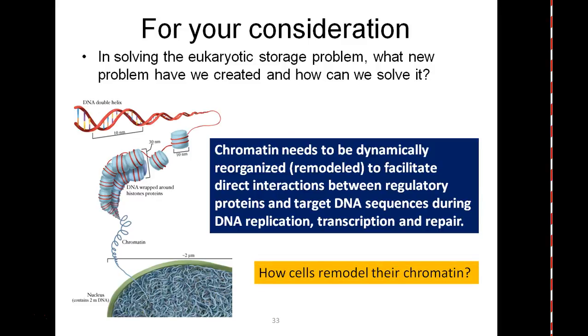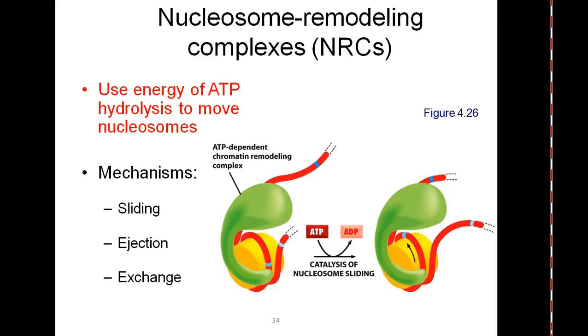So now we're going to talk about the mechanisms that are involved in active chromatin remodeling. And one of the mechanisms is based on using ATP energy. And we have nucleosome remodeling complexes. And those are huge complexes composed of different subunits.